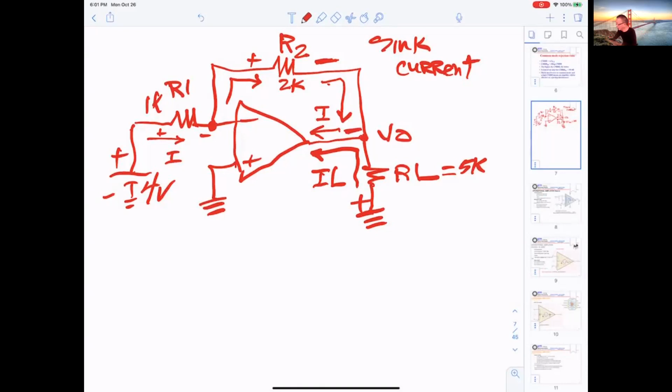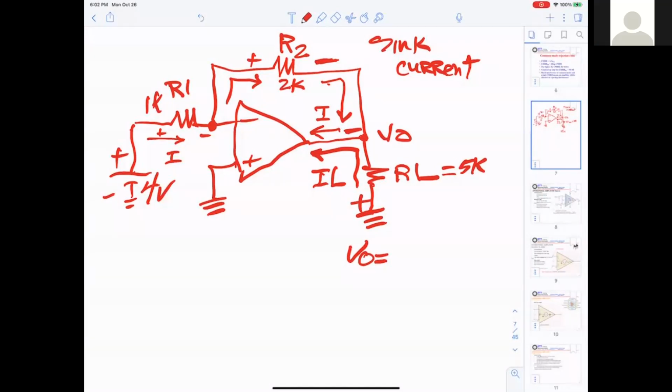So if you want to calculate the V out, tell me what V out equals.